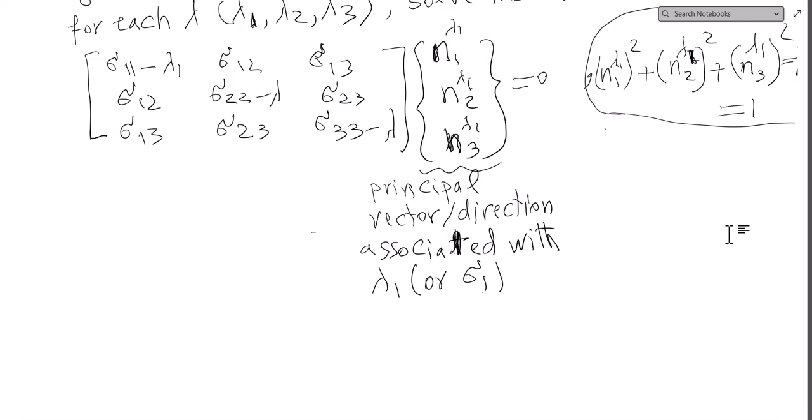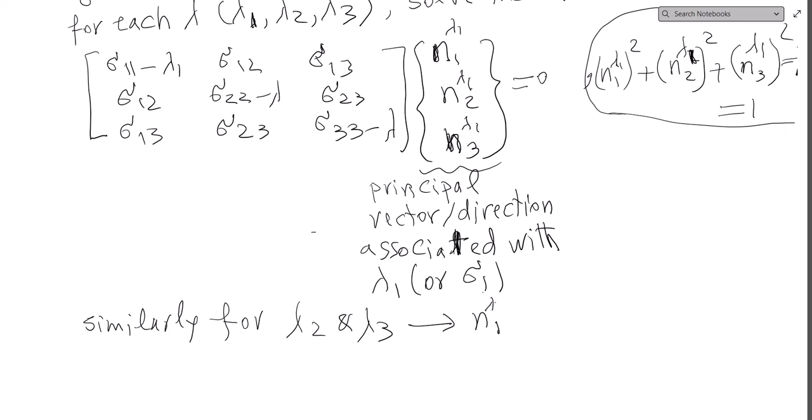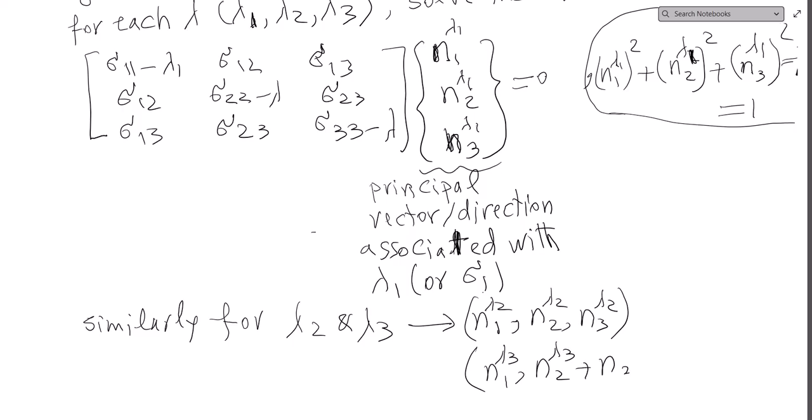And then you do similarly for lambda 2 and lambda 3. You get n1 lambda 2, n2 lambda 2 and n3 lambda 2, and n1 lambda 3, n2 lambda 3 and n3 lambda 3.